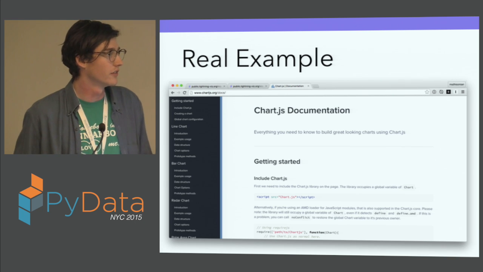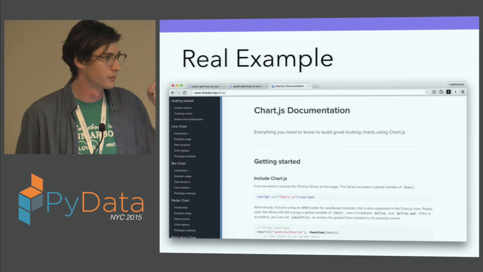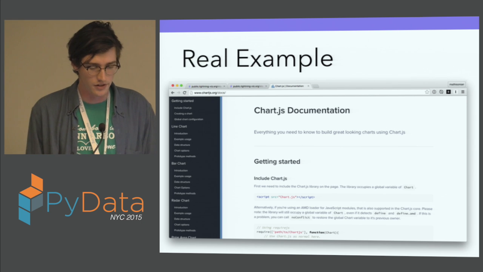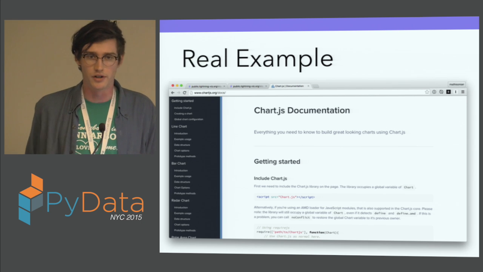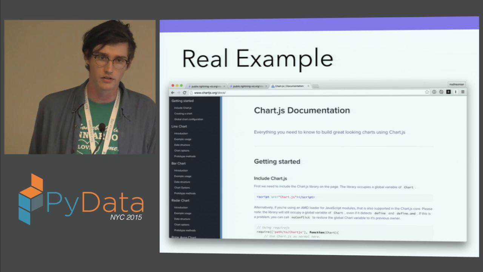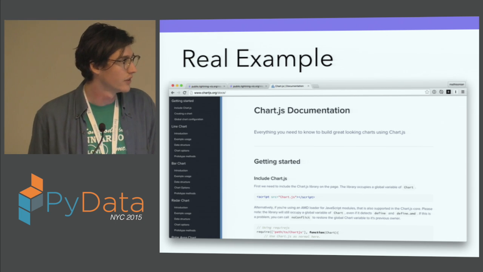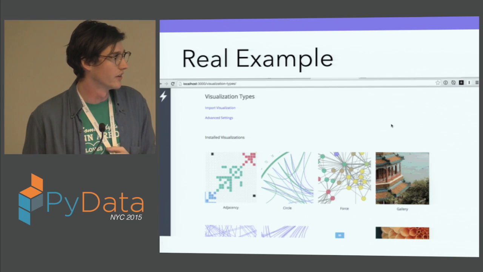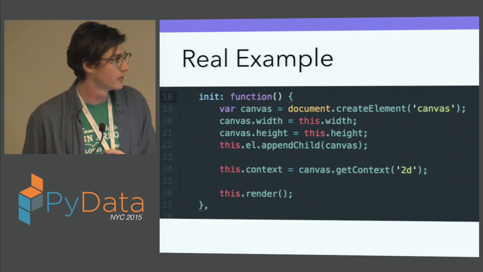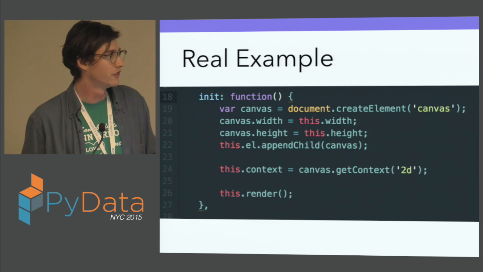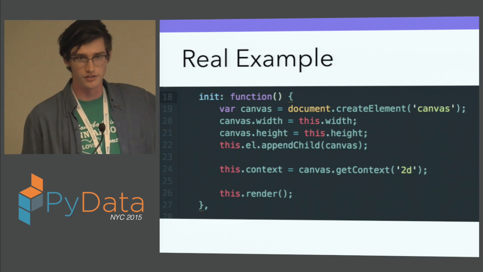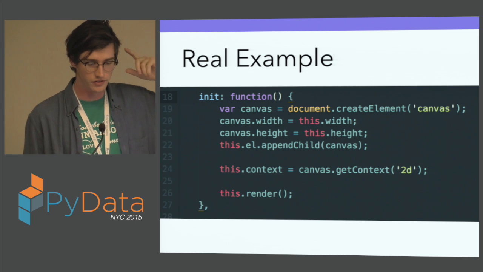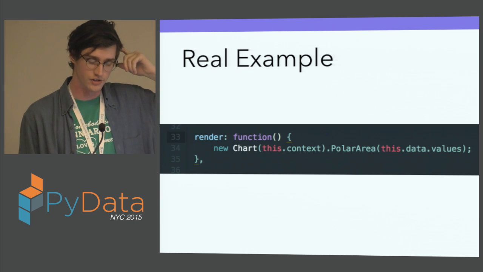So for example, this is just a JavaScript charting library called chart.js. If you wanted to plug this into Lightning and start creating plots from your Python code, what you would do is you would have this structure, and then you'd go in, let's see, essentially you would fill in the init function, which needs a canvas on the screen, so I draw a canvas, and you fill in the render function.